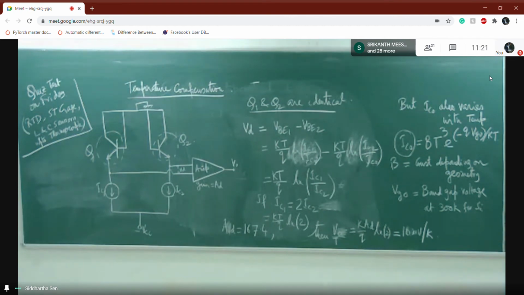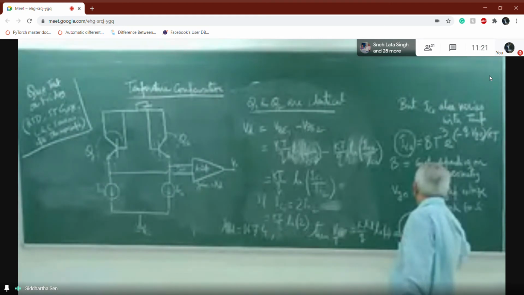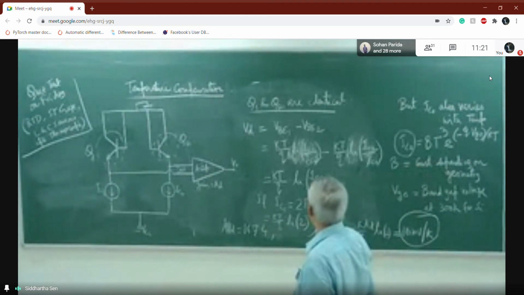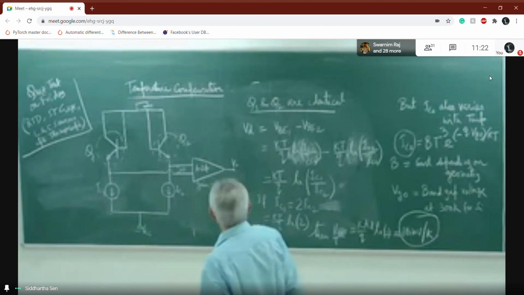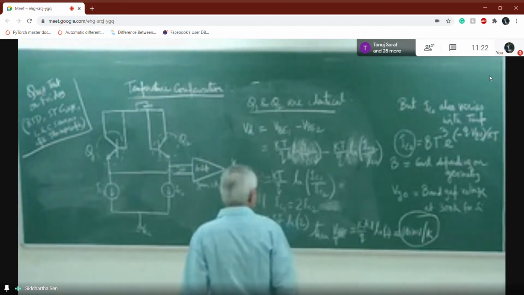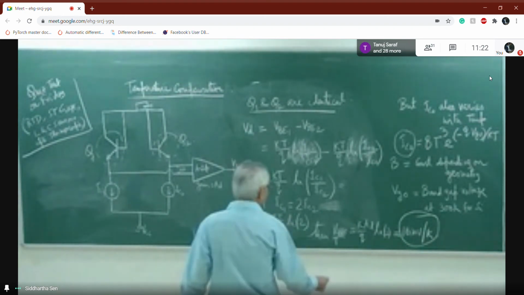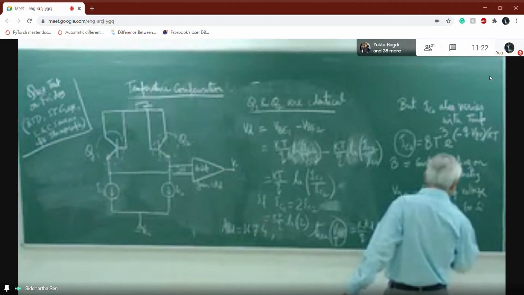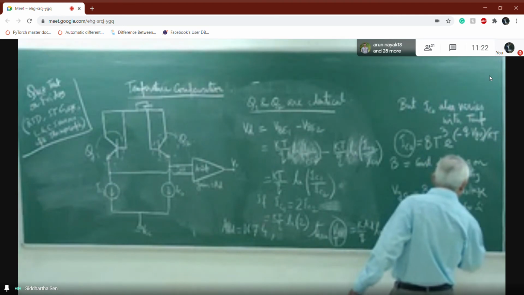As we get 10 millivolt per Kelvin sensitivity using the semiconductor temperature measurement. Based on this, the IC used is LM35.